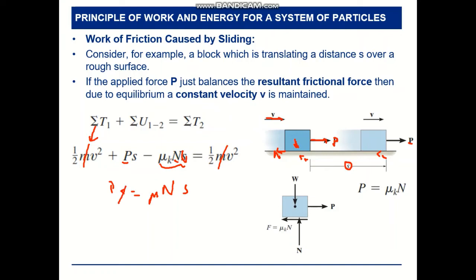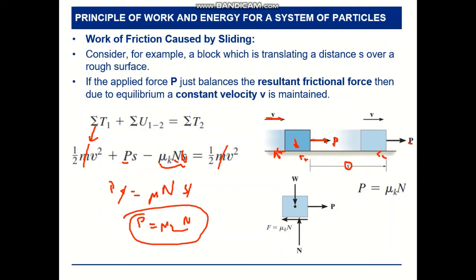So s is gone, and P is mu k N. If we have a force acting exactly the same as the friction force, we have constant velocity in this s direction.